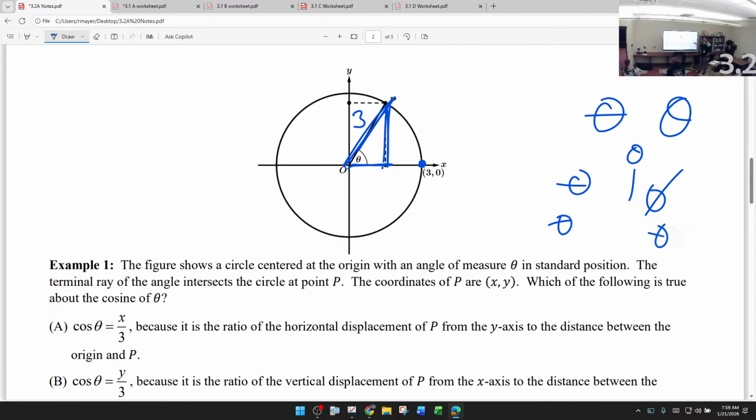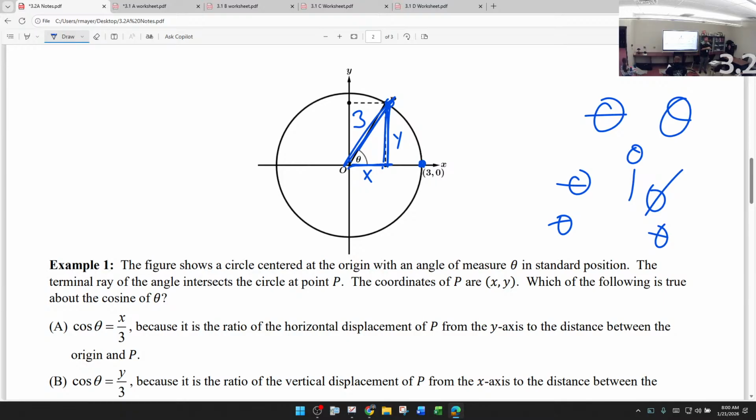Whatever, I just do theta. If you don't like theta, then do something else. The terminal ray of the angle intersects the circle at point P. The coordinates of P are x, y. Which of the following is true about the cosine of theta?